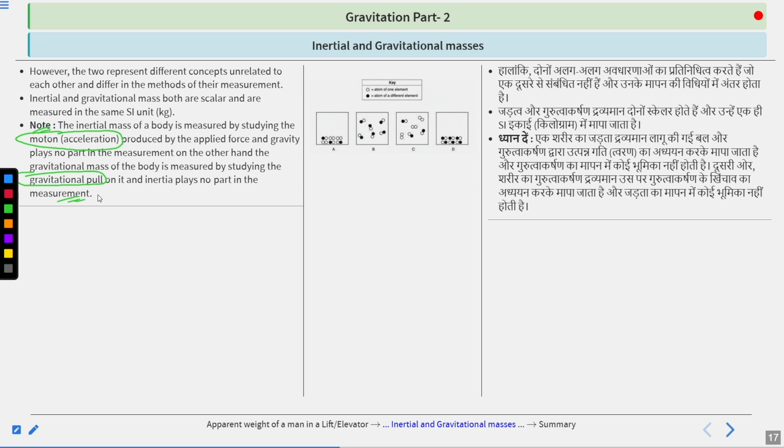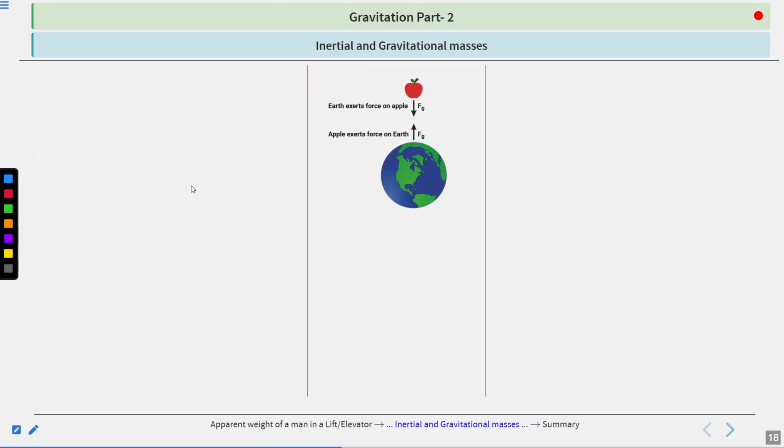So you can say that, however, their properties are the same, but their measurement and application are totally different. Their concept is very much similar.